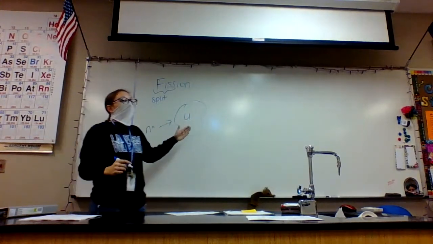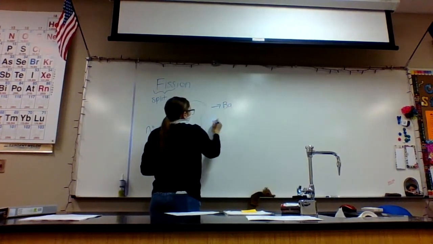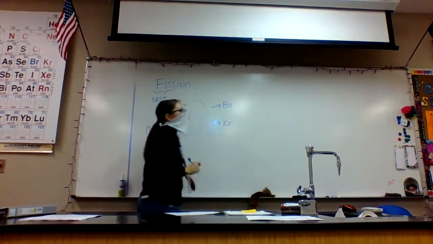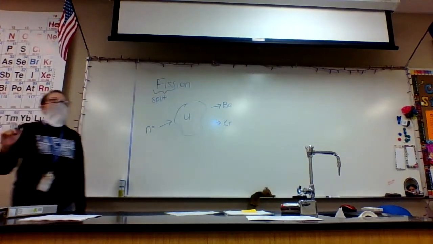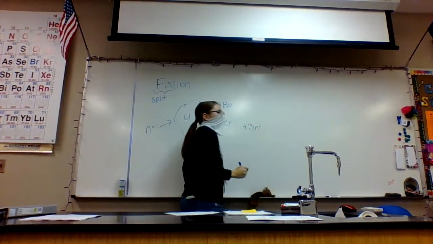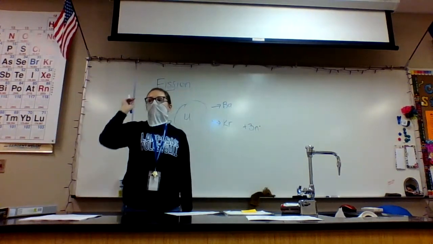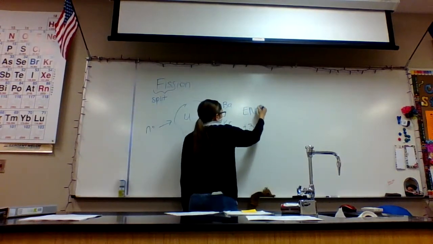That uranium is what's going to get split. So I have Ba and Kr, barium and krypton. What else comes out of this fission process? 3 more neutrons, and lots of energy, okay? Lots of energy.